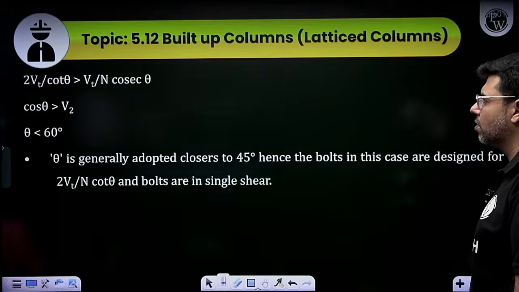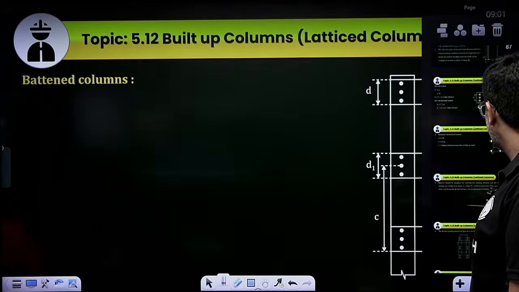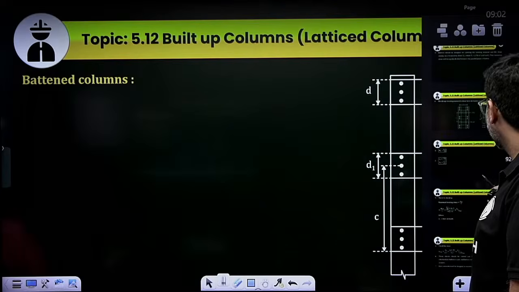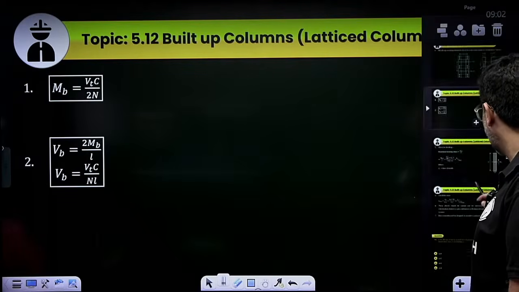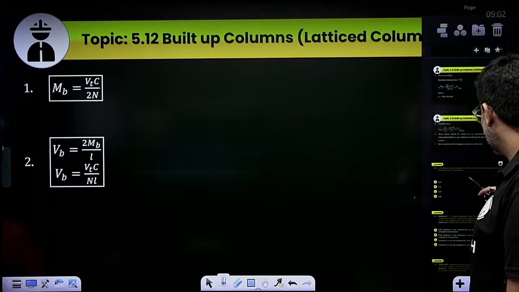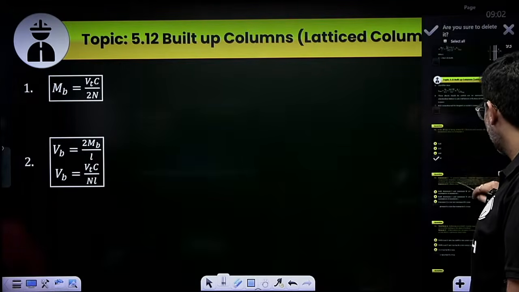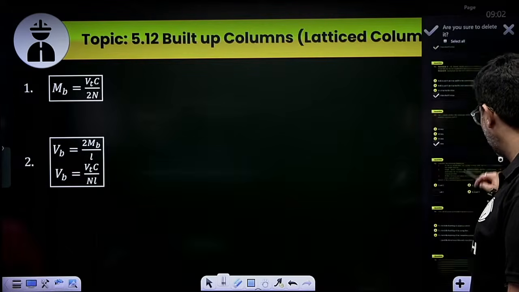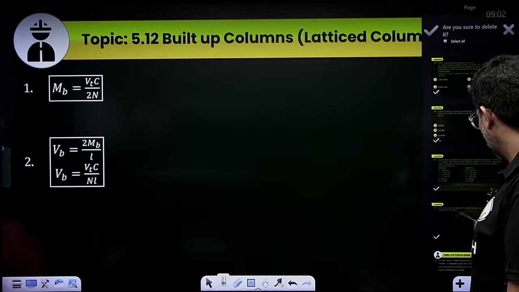Then for design forces, you should know of the lacing as well as the batten. Go through it also once. Not that important for GATE.